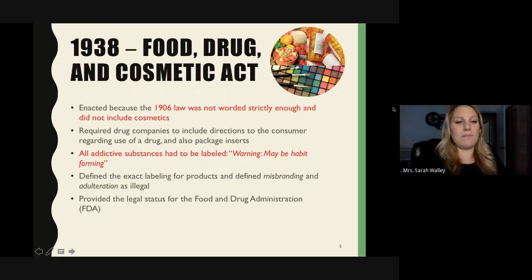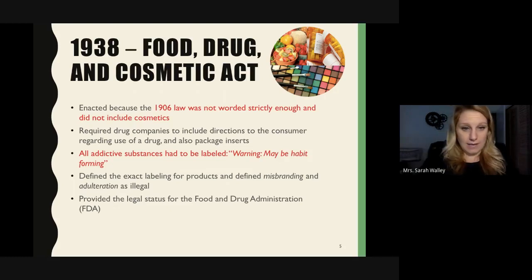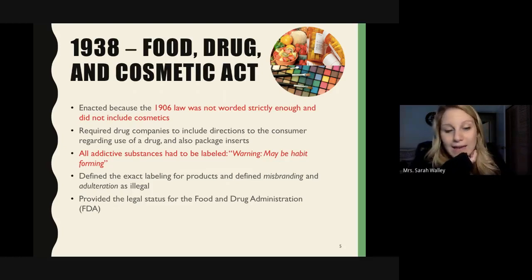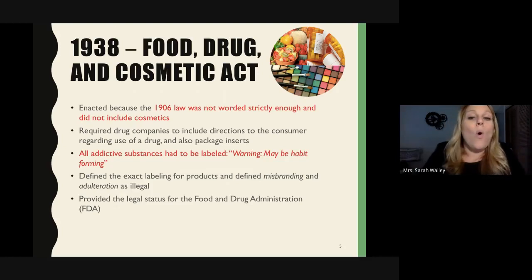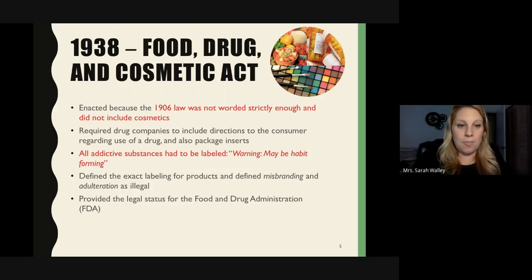The 1938 Food, Drug, and Cosmetic Act was enacted because the 1906 law was not worded strictly enough and did not include cosmetics. All addictive substances had to be labeled "warning, may be habit forming." That was a big deal as well, to have a label warning people of the addictiveness of a drug.